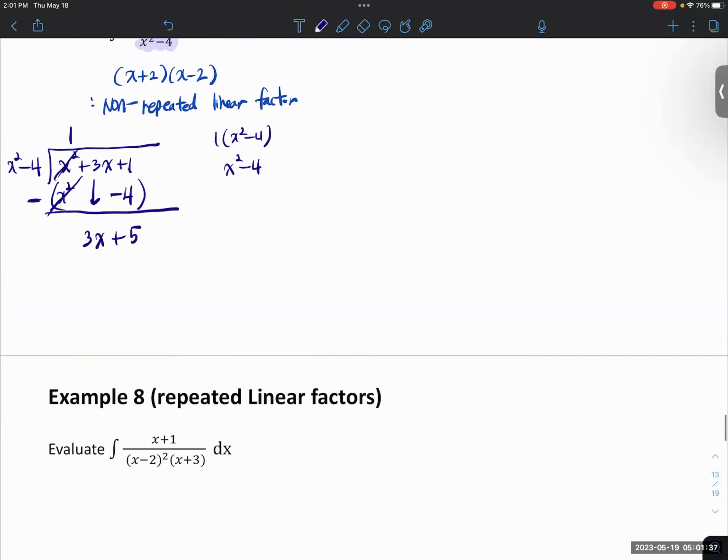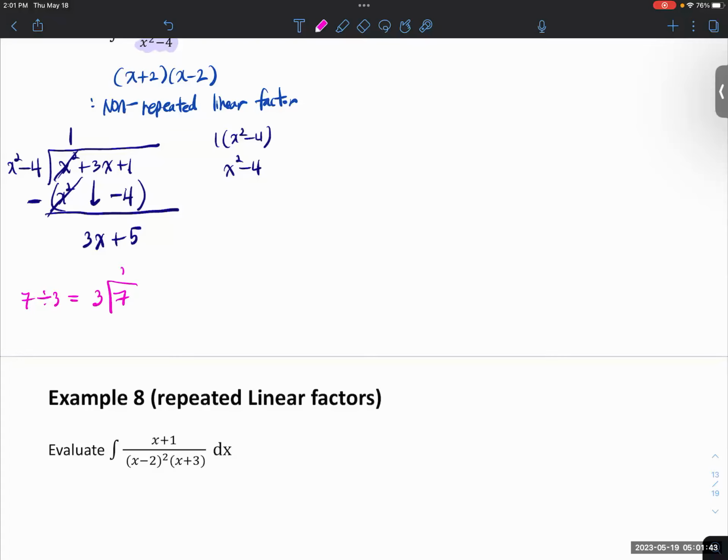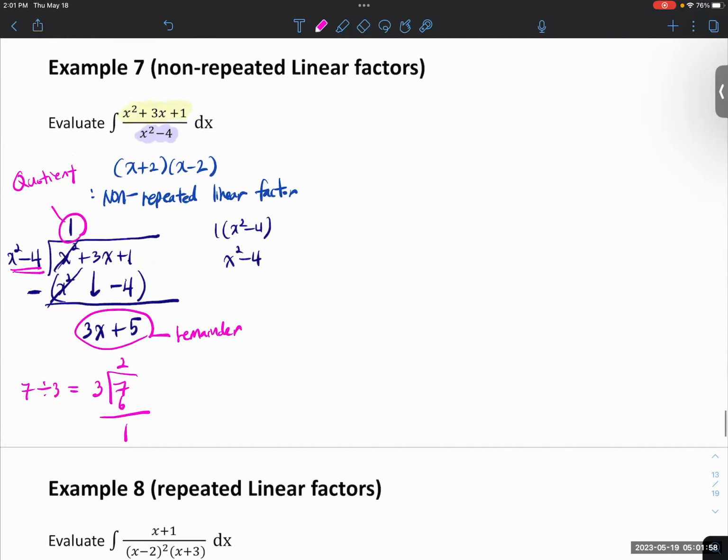So what I'm saying is, if you remember, like 7 divided by 3, 2, and we have a remainder 1. So we call this the quotient. We call this the remainder. Do you remember? Long time ago. And this we call the divisor.